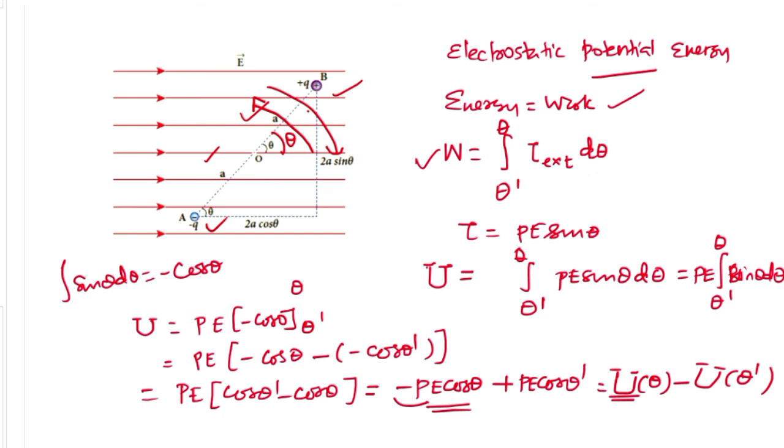If you take the reference angle theta prime as 90 degrees, the second term vanishes. Therefore the electrostatic potential energy becomes simply minus PE cos theta, or minus P vector dot E vector. This is the electrostatic potential energy of a dipole kept in a uniform electric field.